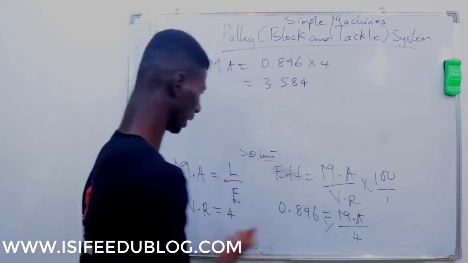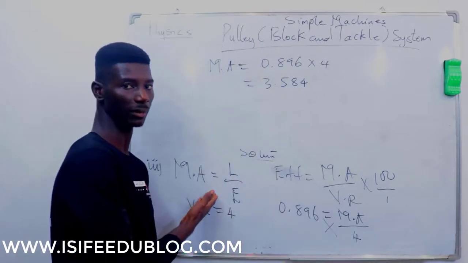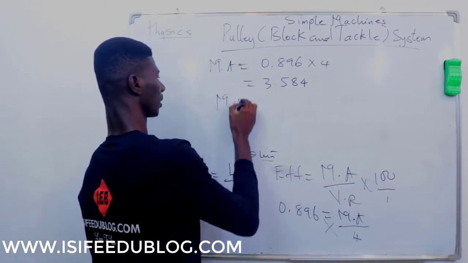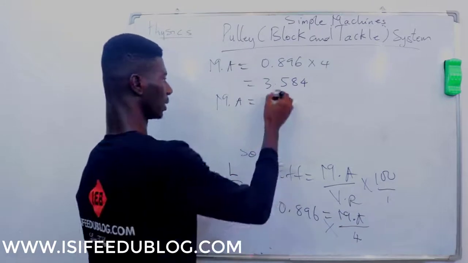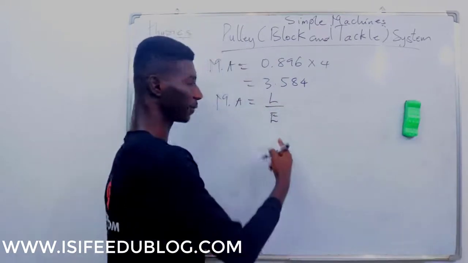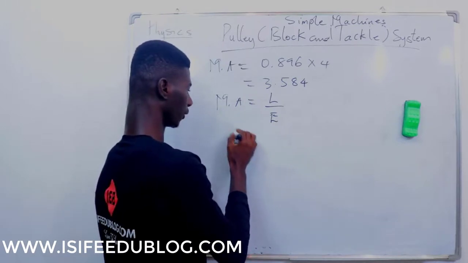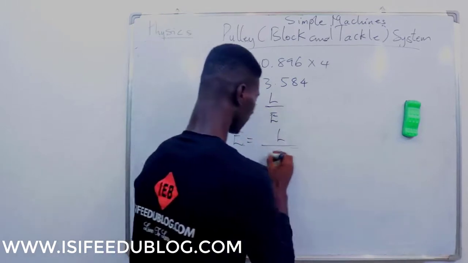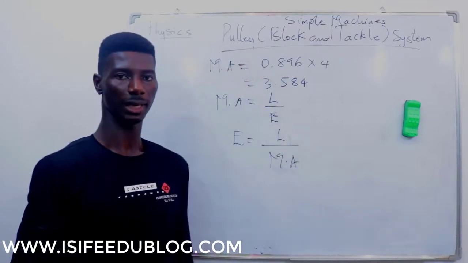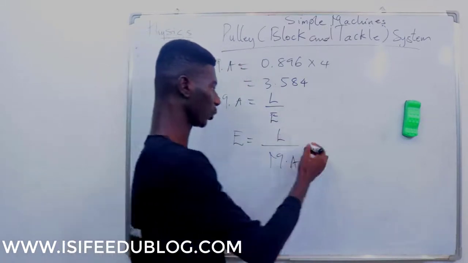Now we can come to our formula and get our effort. Remember, mechanical advantage, as it is on the board, is load over effort. So what we need to do now is to make effort the subject of the formula. Now effort will give us load divided by mechanical advantage. What is the load?